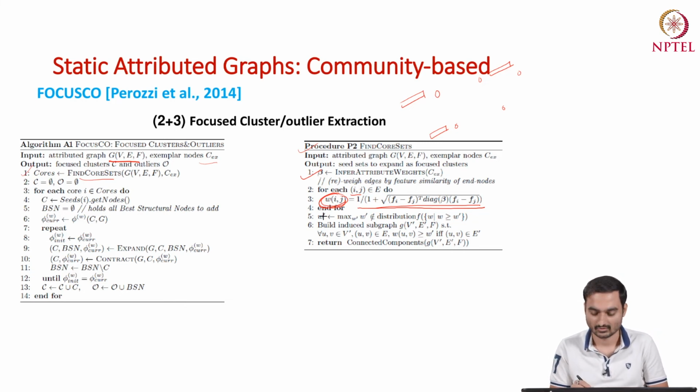Then what we do? We identify a threshold, and we only keep those edges whose weights are above the threshold. So, from the original graph we now get nodes which are connected, but can have multiple components, because we have removed some edges whose weights are less.